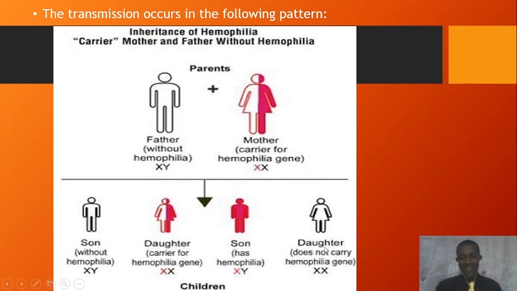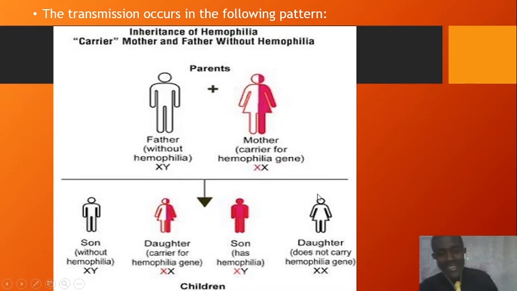Now, for the daughter on this side, the daughter is not even a carrier. Why? Because she got this gene from the mother, which has the platelet gene, and she got this gene from the father, which also has the platelet gene. That's why this girl is normal. She will never suffer from it. She's not a carrier. And also this boy is normal.